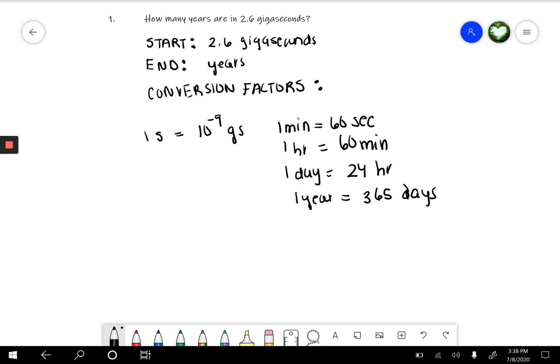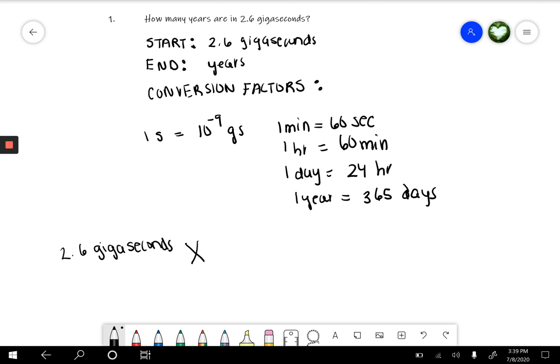Based on our start and our end, we are going to start off with 2.6 gigaseconds. Now, which of these conversion factors can we use to cross out the gigaseconds?